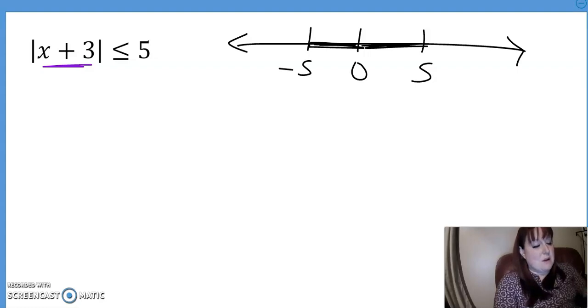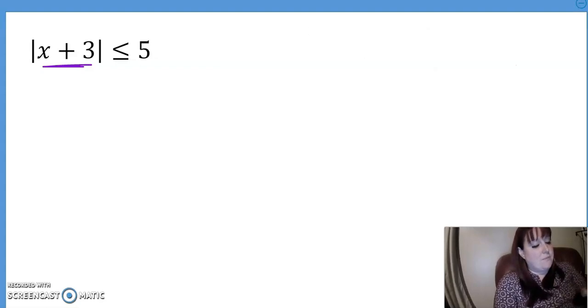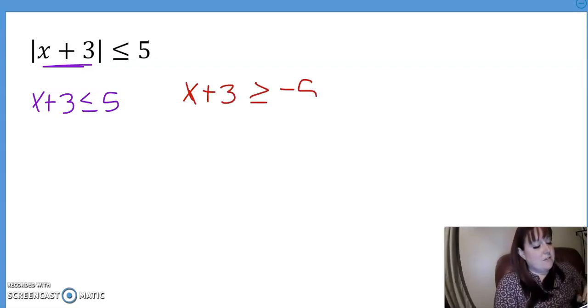Because that would make the absolute value of it closer to 0 than 5. Okay, so our two options are x plus 3 is less than or equal to 5, and our other option is x plus 3 is greater than or equal to negative 5.